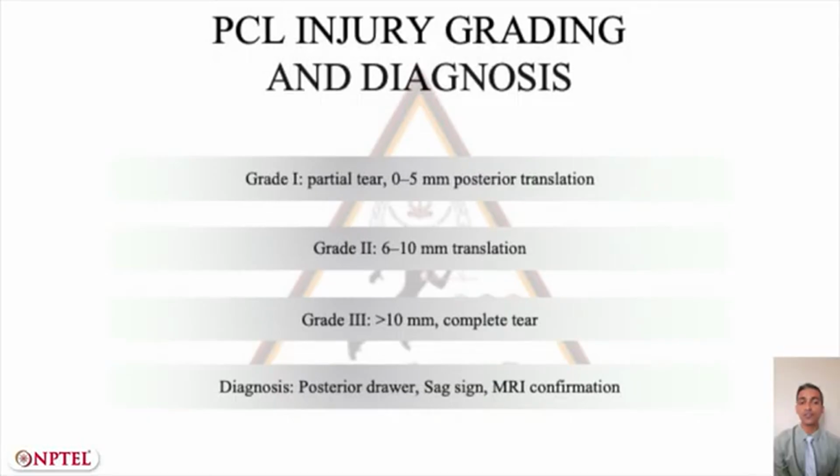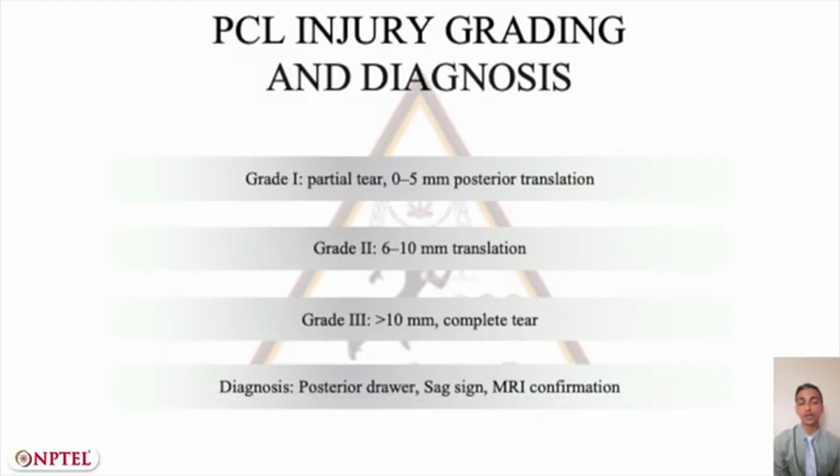The grading of PCL injury is similar to the grading of MCL and LCL injury. We have seen the grading of MCL and LCL in previous lectures. Hence, it will be easier for us to remember the grading of PCL injury as well. Grade 1 PCL injury involves partial tearing and up to 5 mm posterior translation of the tibia over the femur.